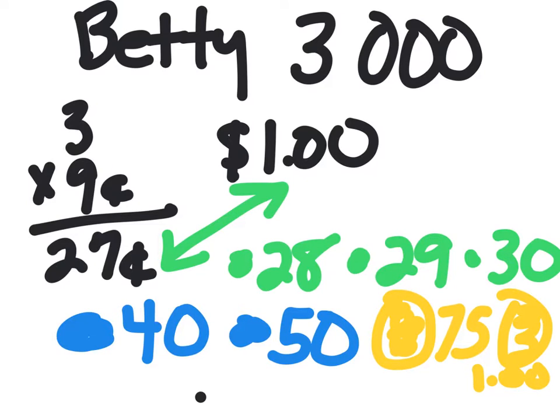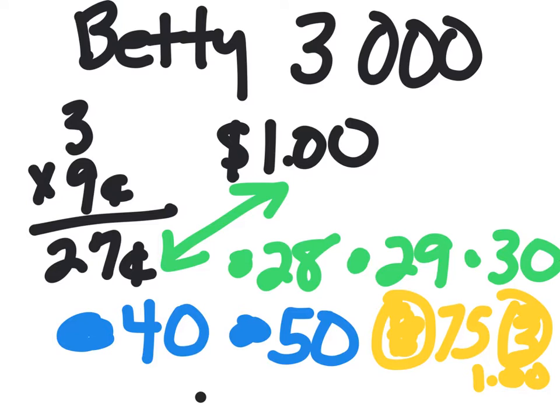I'm going to say 27 out loud, but I'm going to start counting up with the next one. So I say 27. I give Betty a penny and say 28. I give her another penny and say 29. I give her another penny and say 30. I give her a dime. I know that when this is 30, if the amount is at 10, 20, 30, 40, 50, 60, 70, 80, 90, I know I can use a dime.